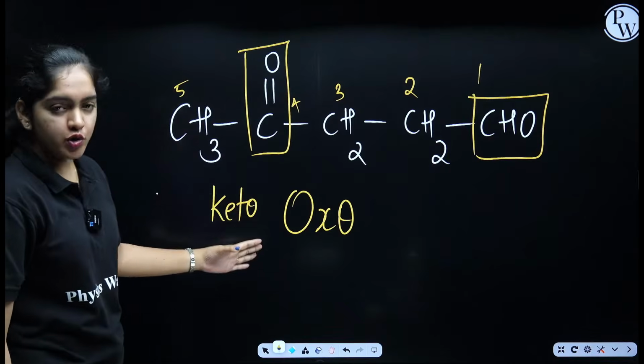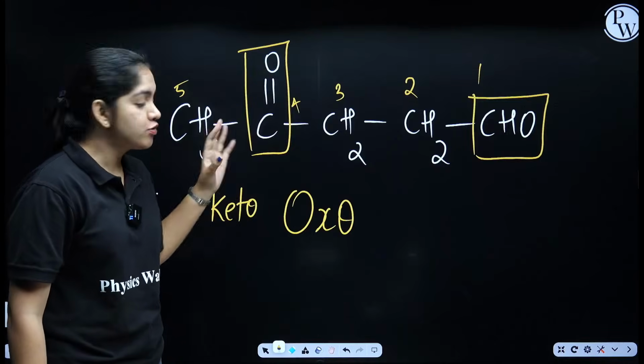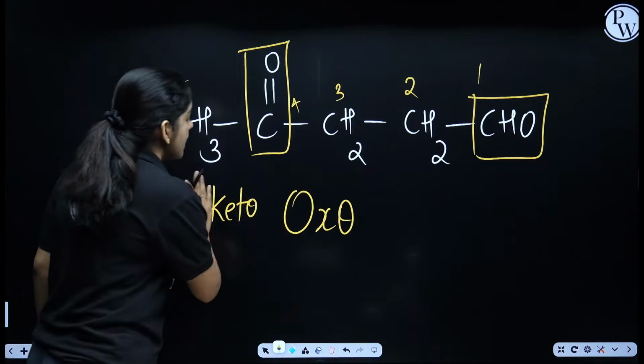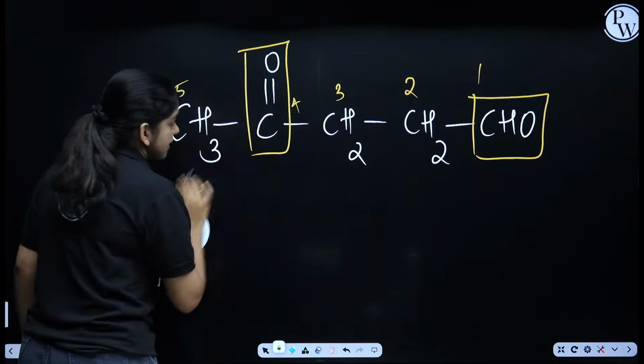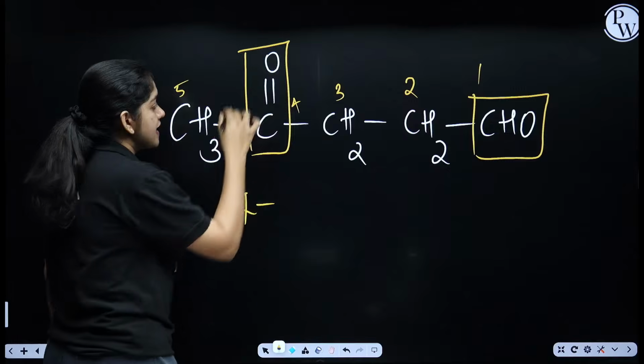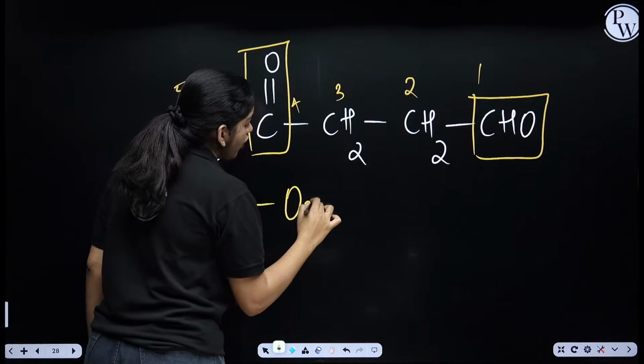If a keto group is coming as a second priority, it will be written as what? Keto group, that is oxo group. And first mention the position, like 4th position. At the 4th position, a keto group is present, that is 4-oxo.